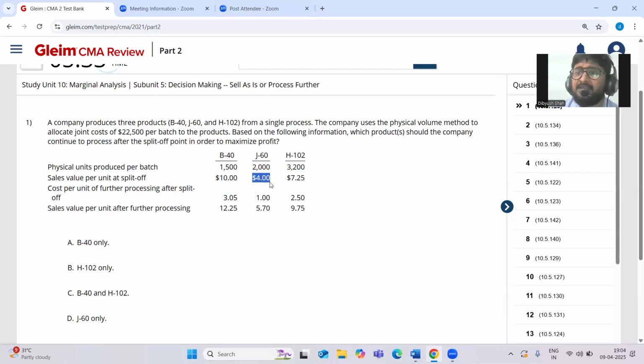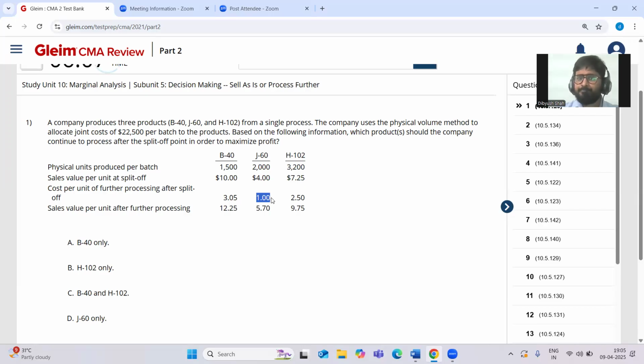So what is the extra revenue? 5.70 minus $4, so I'm getting an extra $1.70 per unit that I process further. And what is the extra processing cost? $1. So the extra revenue is $1.70 and the extra cost is $1. This should be processed further because I will make 70 cents extra per unit processed.